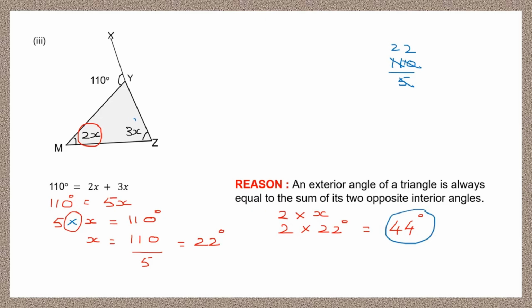Now what about 3x? 3x means 3 into 22 degrees, which is 66 degrees. So we have found the value of 2x and 3x.